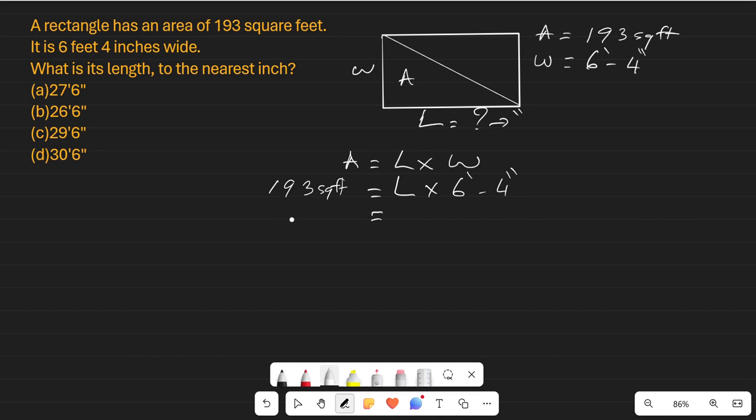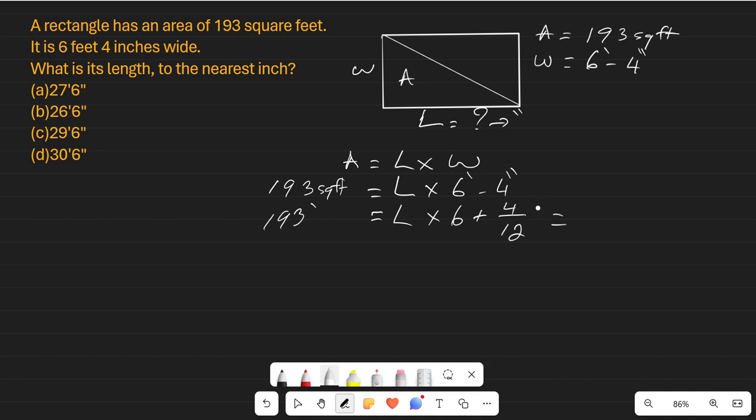Okay, we're going to write down 193 square feet equals length times 6. We're going to convert 6 feet 4 inch to feet. So 6 plus 4 divided by 12 equals.